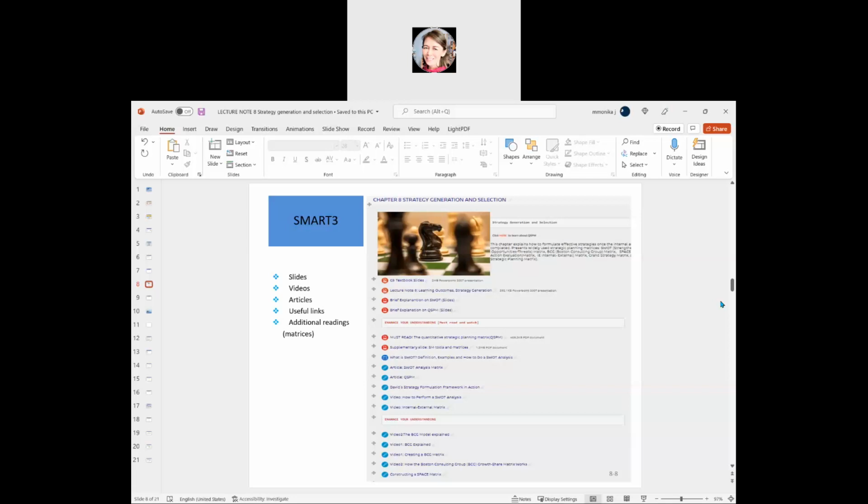Now, of course, we have gone through the previous chapters 6 and 7, which are the internal factor and the external factor. I would also equally stress that you need to go over Smart 3 as well.